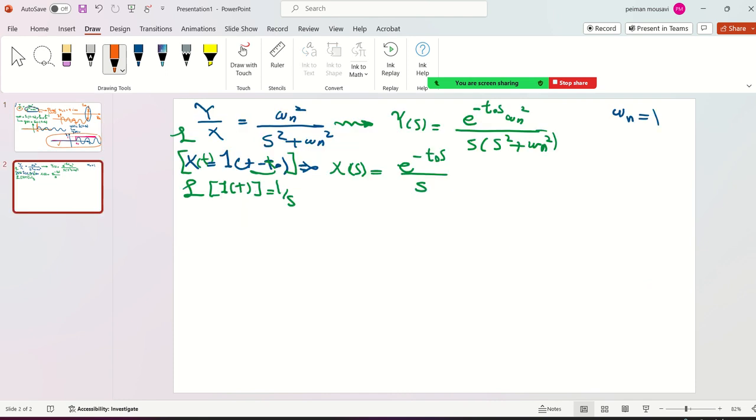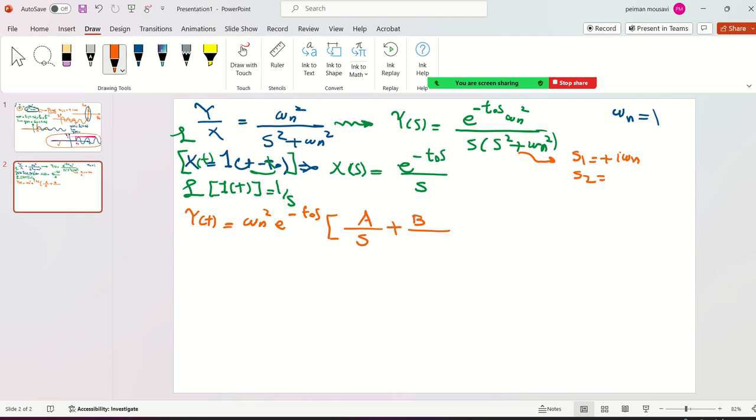Okay, so what you're going to do, from high school, you have to write it like this: e to the minus t naught s, and you can decompose to a over s plus b over s minus i omega n plus c over s plus i omega n, because the poles of these are, as I said, s1 equal to plus i omega n and s2 equal to minus i omega n. These are the poles of the system for this part.